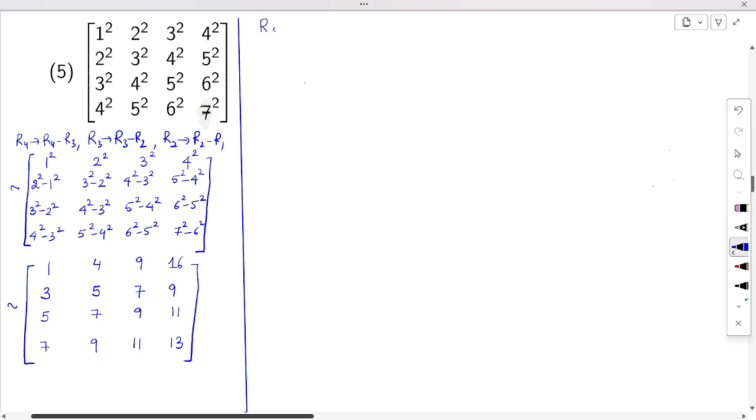Now apply row 2 minus 3 row 1, row 3 minus 5 row 1, and row 4 minus 7 times row 1.